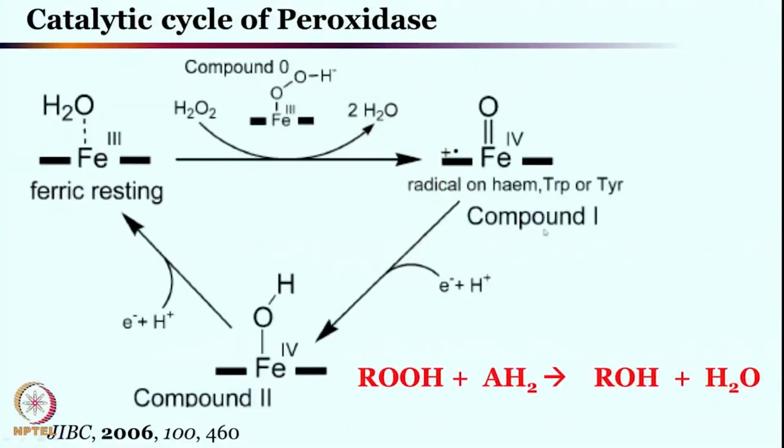Not only hydrogen peroxide, it can take care of any alkyl hydroperoxide in the process. As you can see, compound 0, compound 1 and compound 2 all are part of the peroxidase cycle, just like what you have seen in the case of cytochrome P450. The source of hydrogen peroxide or alkyl hydroperoxide will depend on what type of chemistry or product is forming.